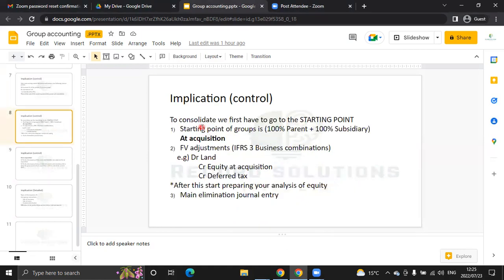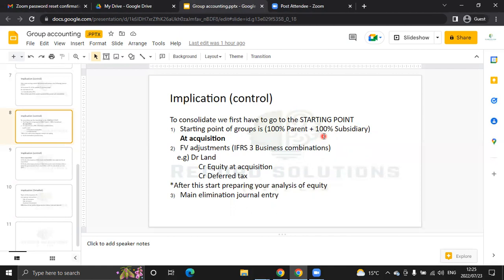Okay, so the first thing when you consolidate, this is very important: you have to know what the starting point is. When you're doing consolidated financial statements, you're doing it from a group level. The first thing is the parent is just going to take everything from the subsidiary.